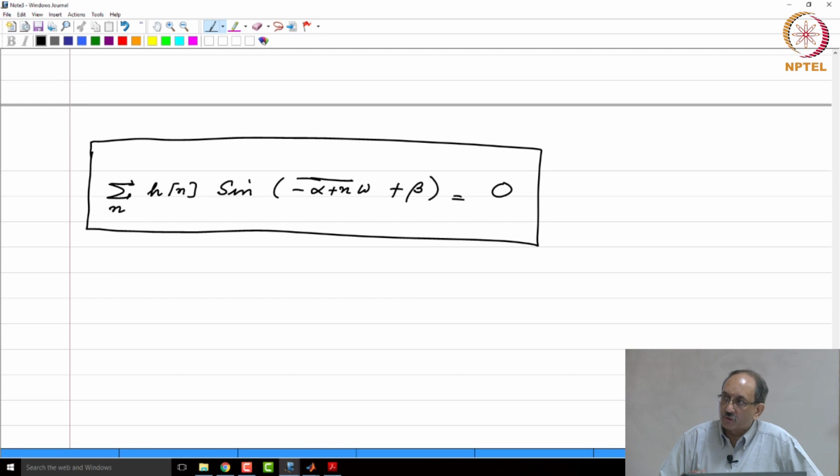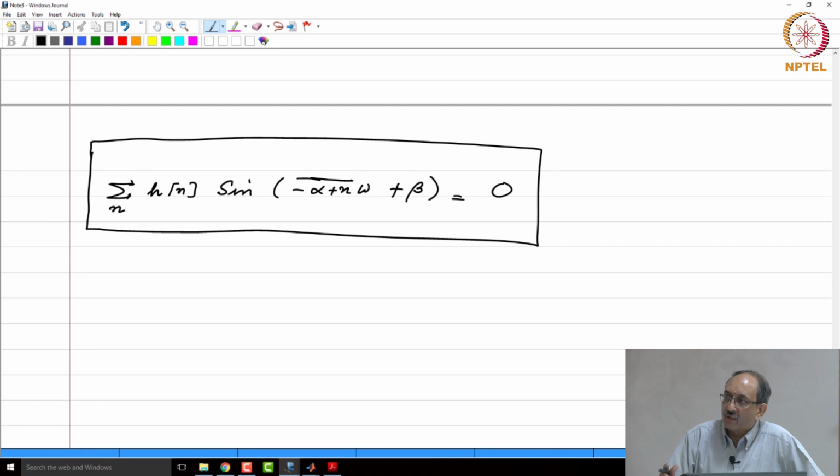Now, we need a solution to this equation, and one solution that is immediate, that is true, which the mathematician would state, would be, what is one immediate solution to this? H of n equals 0, right. So, that is the trivial solution. It is mathematically valid, but practically useless.